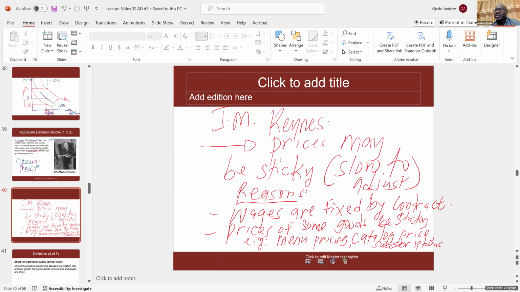If I come to your restaurant every week, maybe every weekend with my family, and I know dinner is $20 a plate, if I come next weekend and you're charging me $30 a plate, I may not come back. So that's one of the reasons why menu pricing tends to be sticky. They don't change prices on the menu frequently, even though the cost to the restaurant owners may be going up. Okay? It's because restaurants fear losing their loyal customers when they keep constantly changing pricing. Plus, it costs money to print new menus.